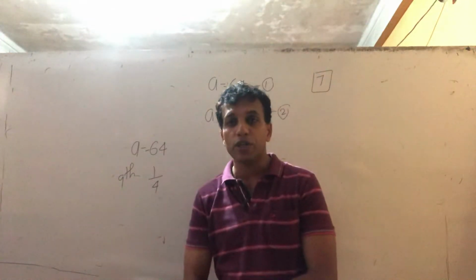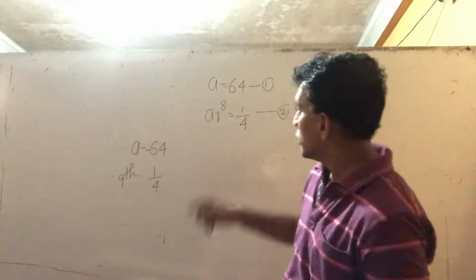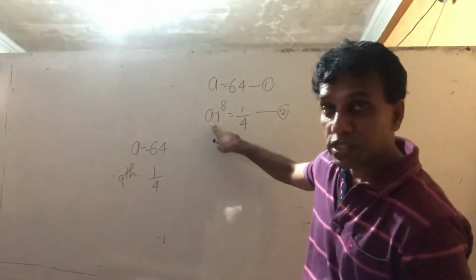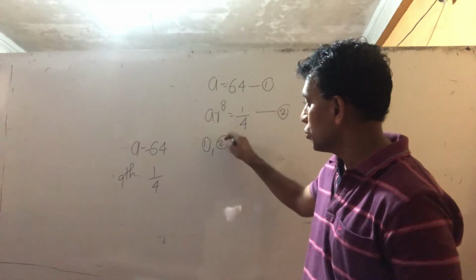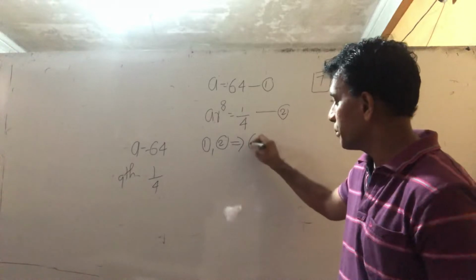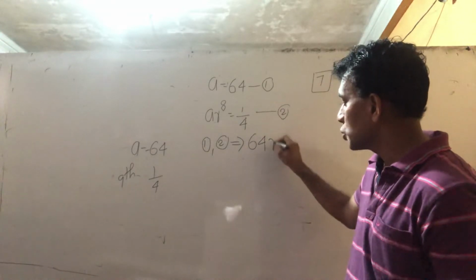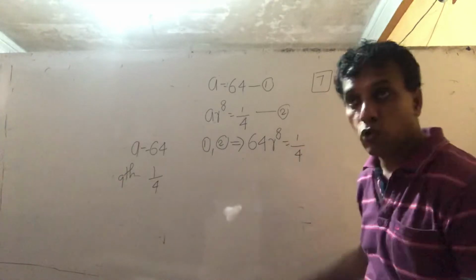Find the common ratio value by solving this pair of equations. Here I substitute A as 64, so equation 2 gives 64 r to the power 8 is 1/4, right?